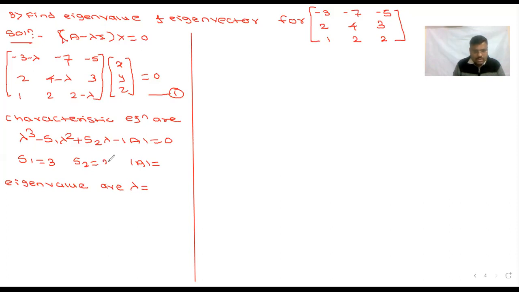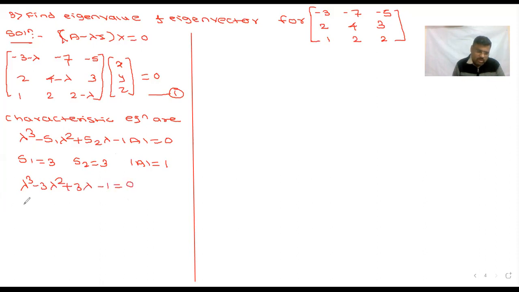Very good. So we got the equation lambda cube minus 3 lambda square plus 3 lambda minus 1 equal to 0.